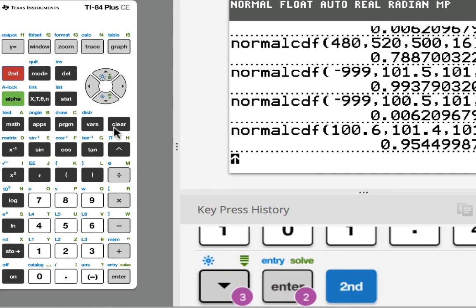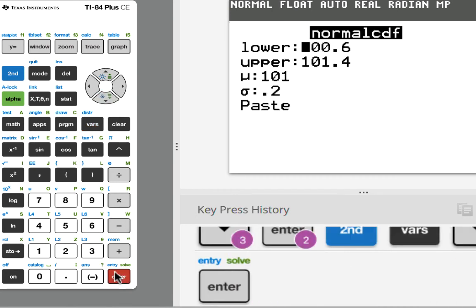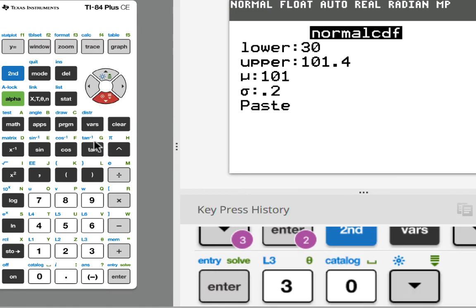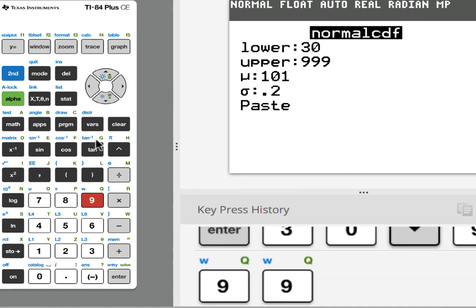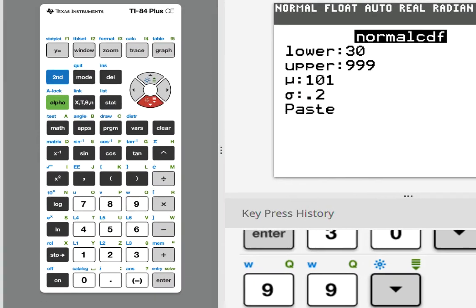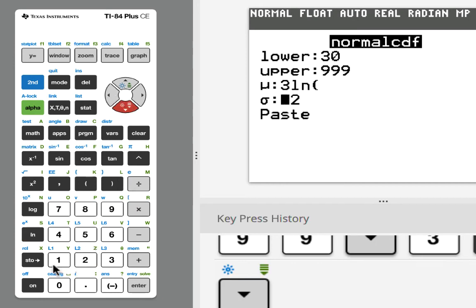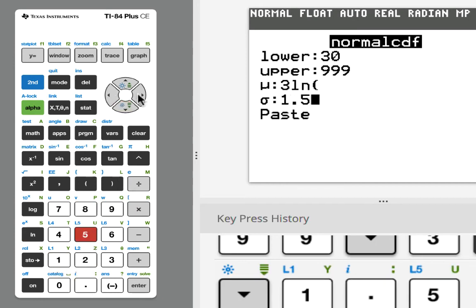So second, then normal CDF, enter. Now the lower is 30. The upper is 999. And what was the mean? The mean is 34 and the standard deviation is 1.5.